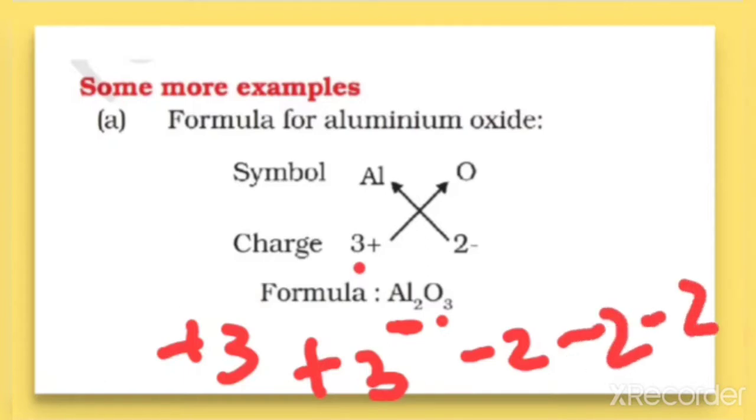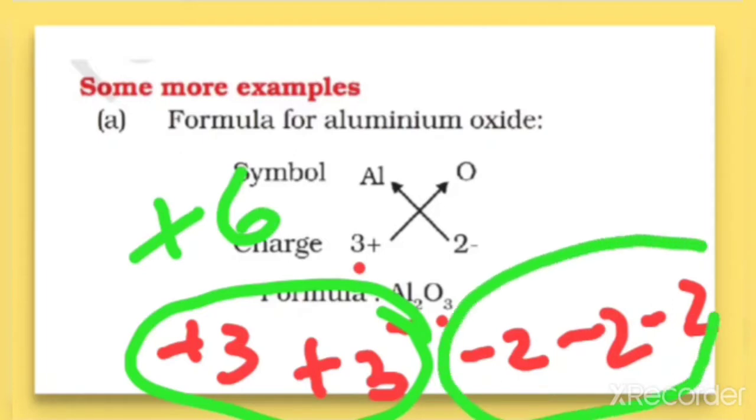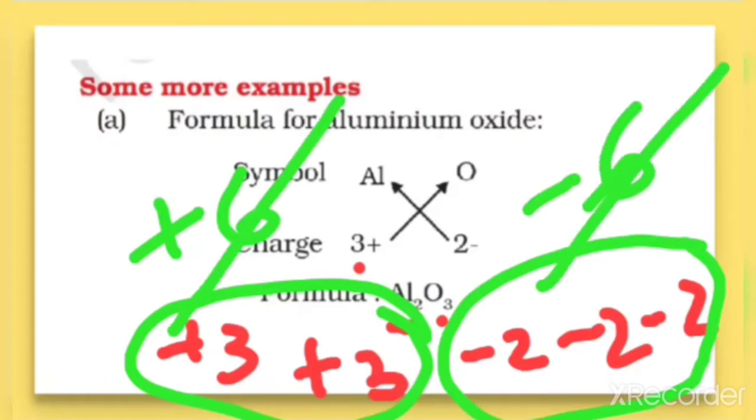That means +3 +3 is equal to +6, and -2, -2, -2 is -6. So +6 and -6 get cancelled, so the overall charge is equal to 0. That means the charges are completely balanced here.